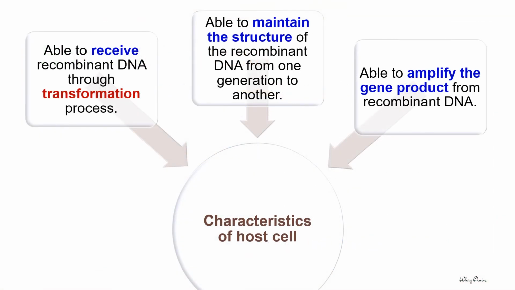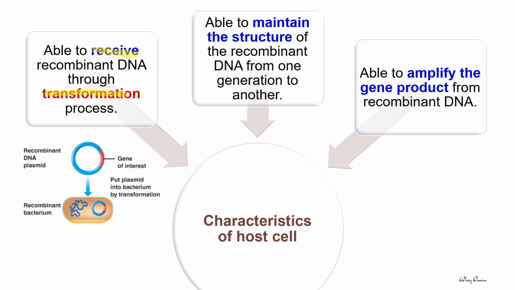While a bacterium can be chosen as a host cell in recombinant DNA technologies, actually depends on these three characteristics. First, they must be able to receive recombinant DNA through transformation process. After the insertion of the recombinant DNA, they able to maintain the structure of the recombinant DNA from one generation to another generation.